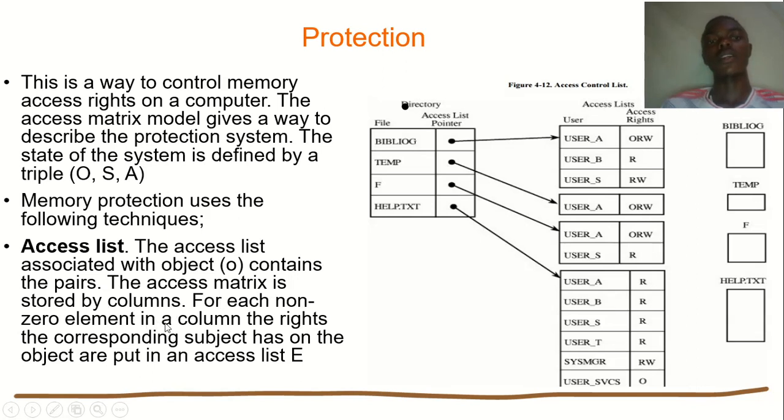For each non-zero element in a column, the corresponding rights on the object are put in a list. Here is an example of an access list, showing the rights each user has: user B can read, user S can read and write, and user A can read and write. That is an access list.